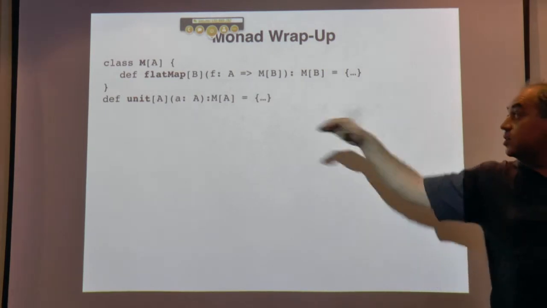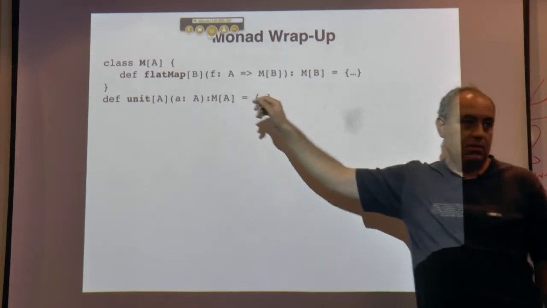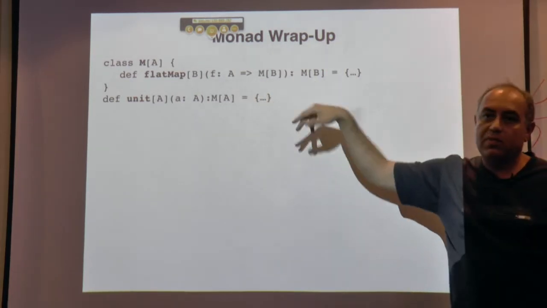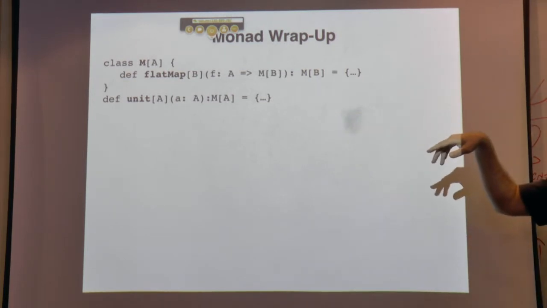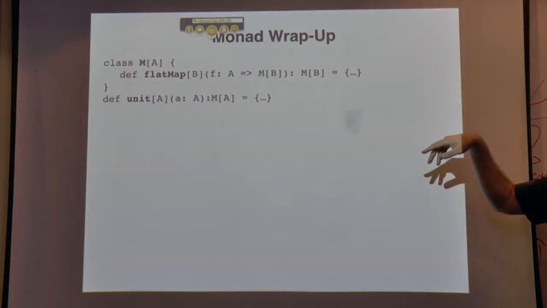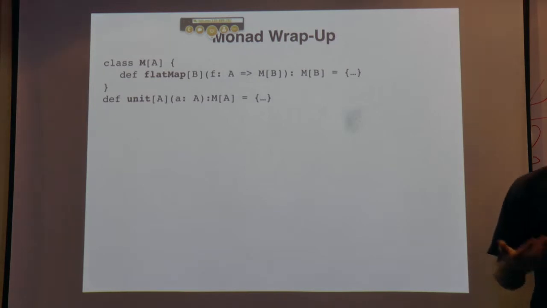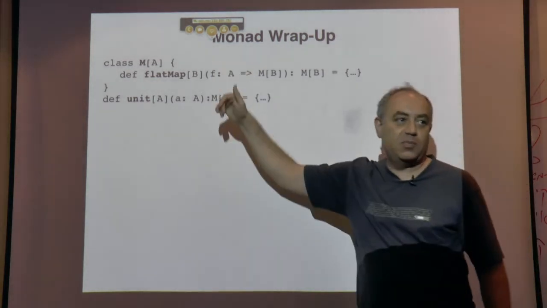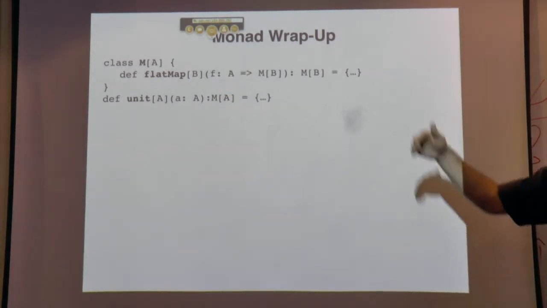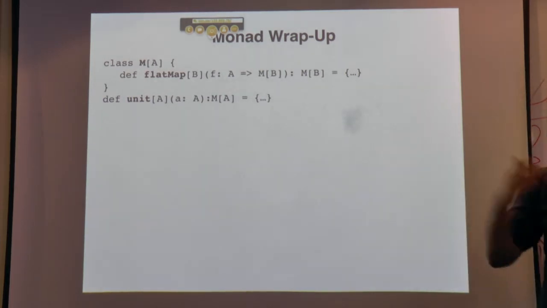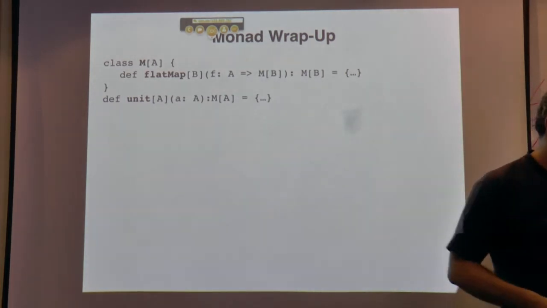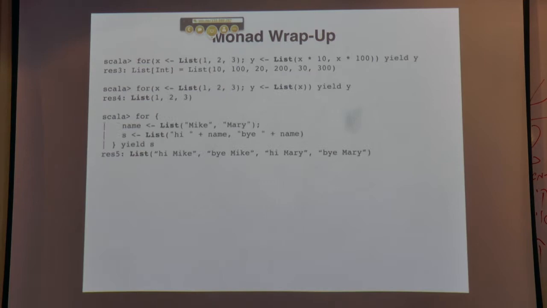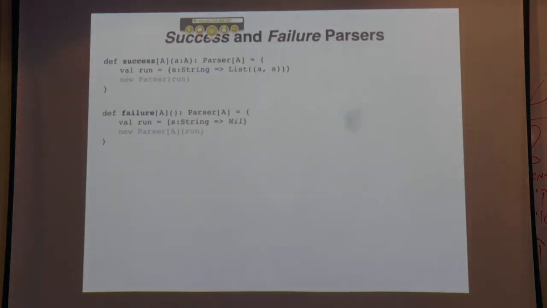Can you construct the map function given this flatMap and unit? The answer is yes. If you have unit and flatMap, you always can construct a map function. So any monad is also a functor. But in Scala we have to write it explicitly.